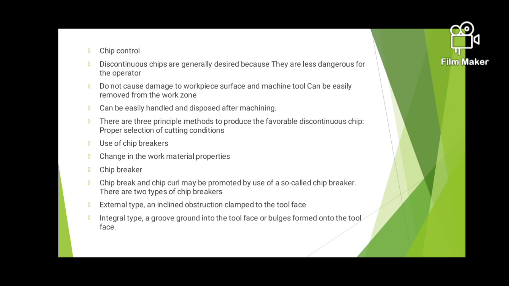Chip breaking may be achieved by use of a so-called chip breaker. There are two types of chip breaker: external type, or inclined obstruction clamped to the tool face, and internal type, integral type, a groove ground into the tool face or a block formed into the tool face.